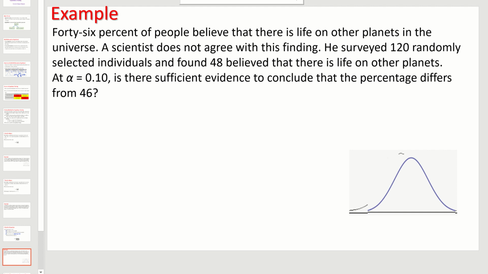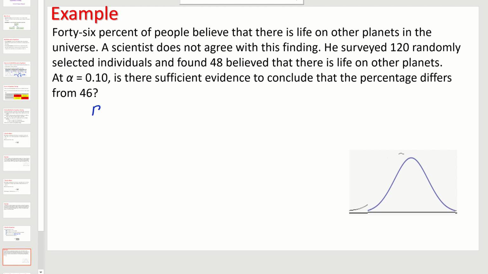At alpha equal to 0.10, or that is 10% significance, is there sufficient evidence to conclude that the percentage differs from 46%?